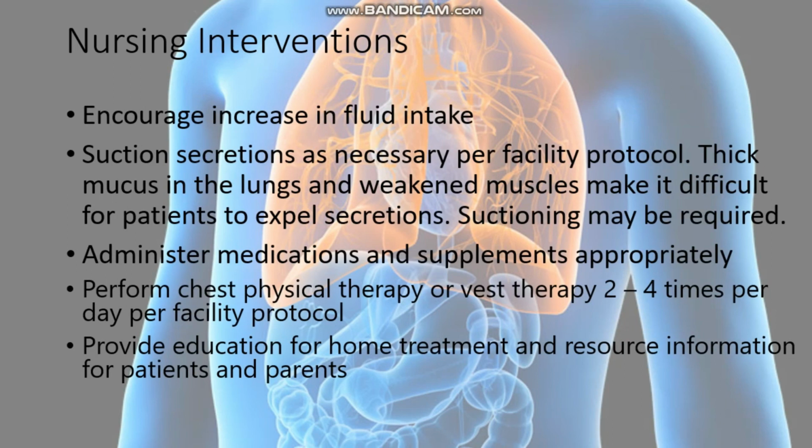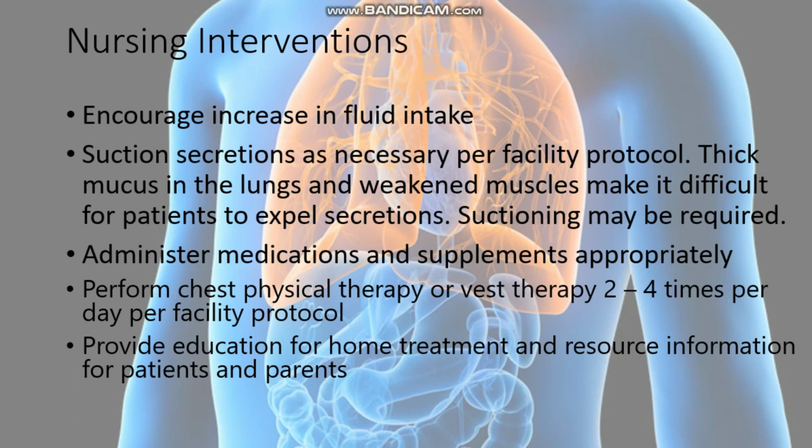Nursing interventions are to encourage increased fluid intake and suction the secretions as necessary per facility protocol. Thick mucus in the lungs or weakened muscles make it difficult for patients to expel secretions. Suctioning may be required.